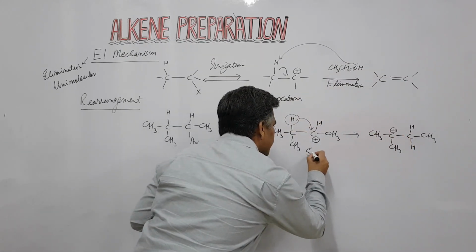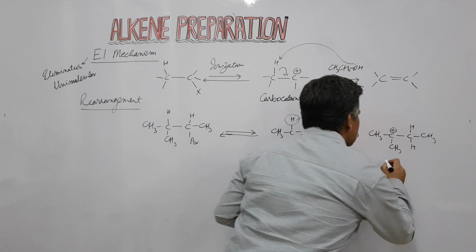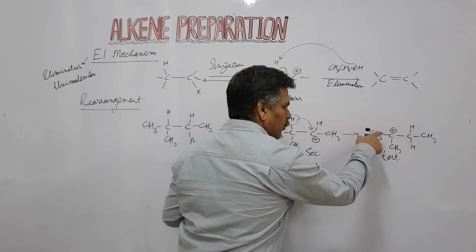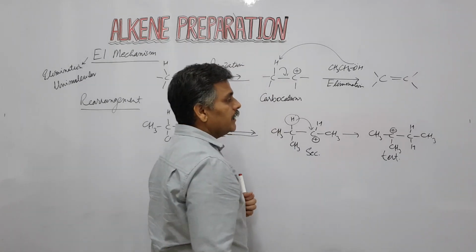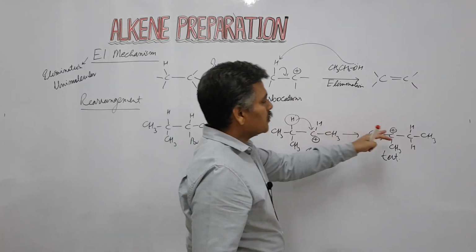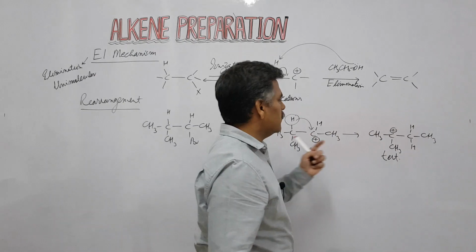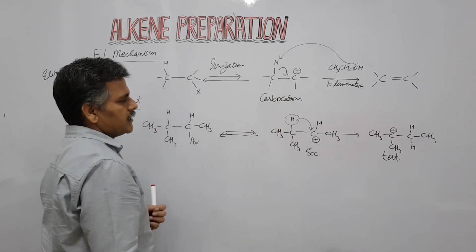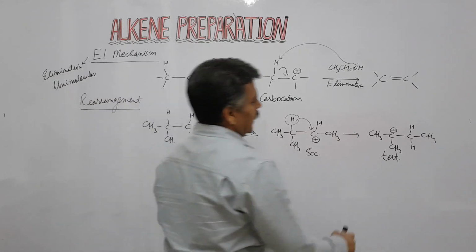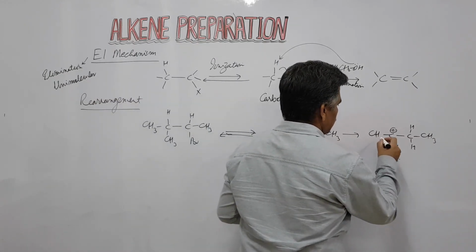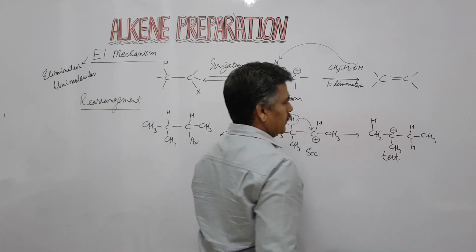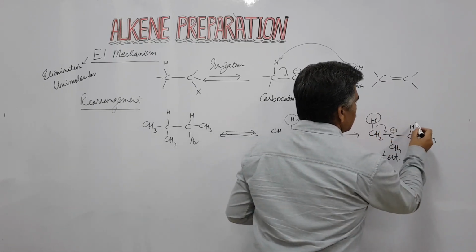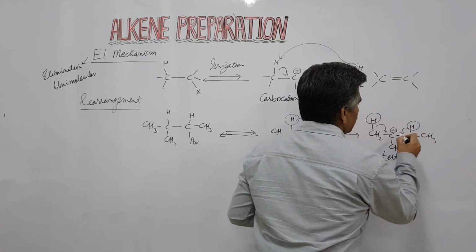This is a secondary carbocation and this is a tertiary carbocation. We know that tertiary carbocations are more stable, so the chances for the formation of this tertiary carbocation are greater as compared to the secondary carbocation. Such rearrangements are possible in case of E1 mechanism. And then here you can see we have two different hydrogens. This hydrogen can be removed so the double bond will come here, or that hydrogen is removed and the double bond will come there.